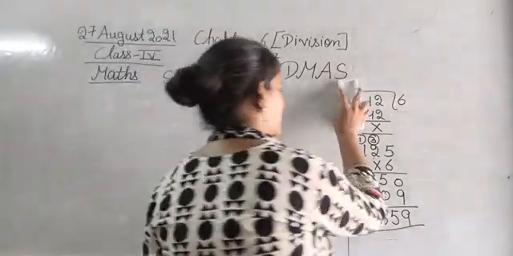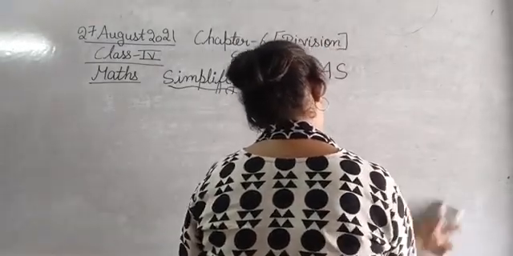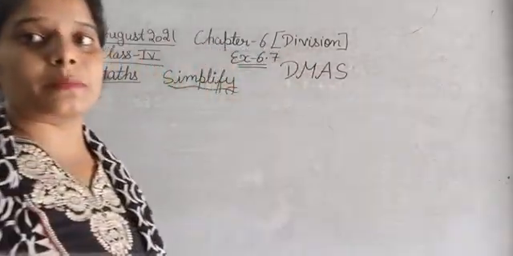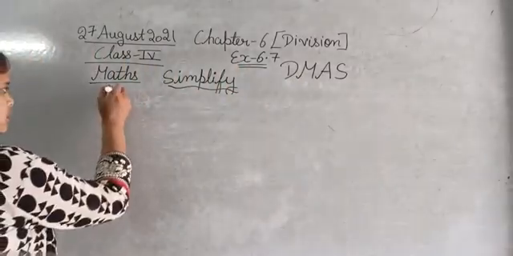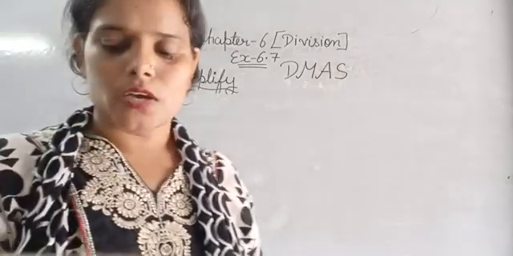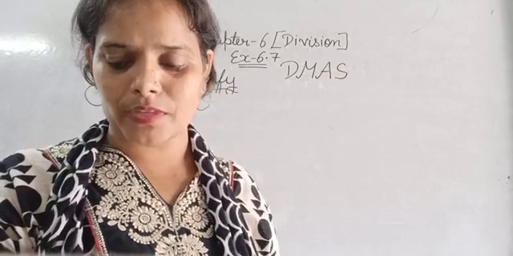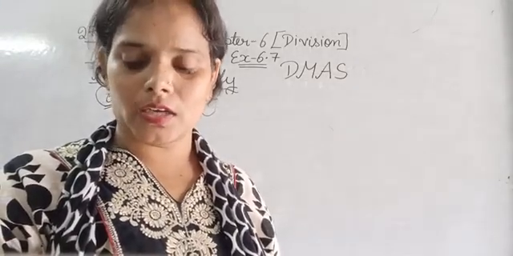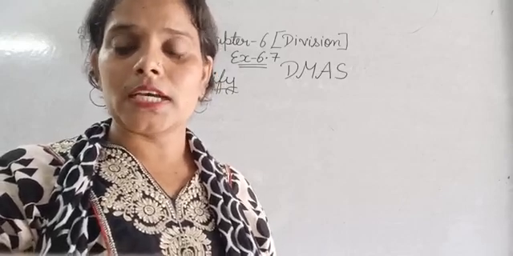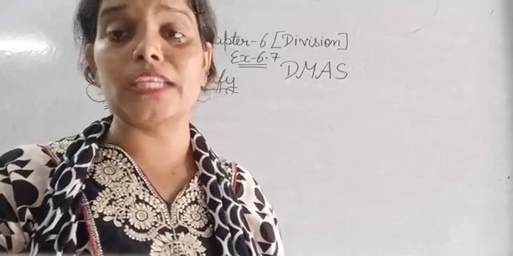We will move to the next question, that is question number 6. The question number 6 is also a simplification in which we have to multiply 529 multiply 71 minus 630 divided by 42.